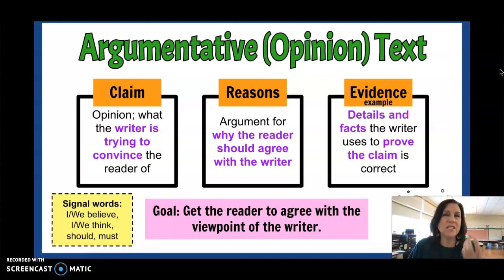Okay? So you see these things all around. You can see them in a story, in a nonfiction story. You can see it in like the letters to the editor in newspapers. Different places where writers, authors, are trying to get the person, us, the readers, to agree with their viewpoint.